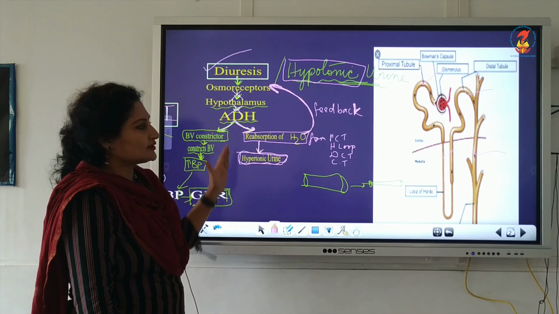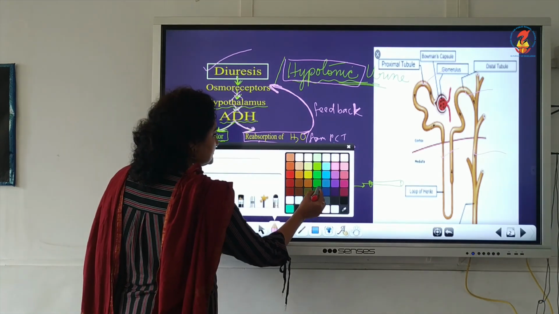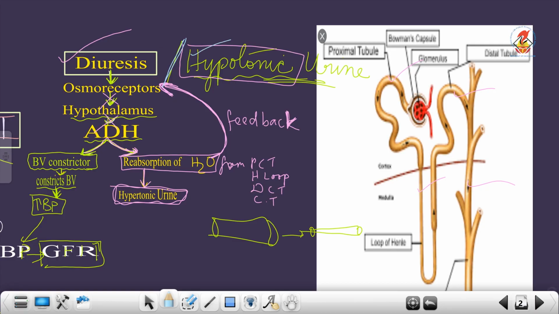So, once again, the role of the hypothalamus, starting from the beginning. We start off with the situation of hypotonic urine or diuresis, a condition where a lot of water is lost in the form of urine. In that case, our osmoreceptors are activated, and they stimulate the hypothalamus of the brain to release ADH, antidiuretic hormone, or vasopressin.